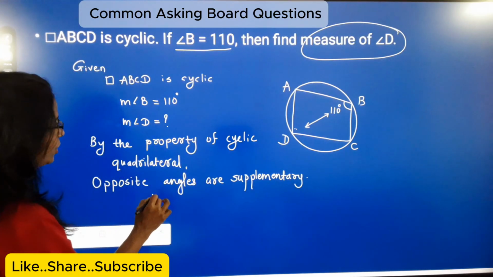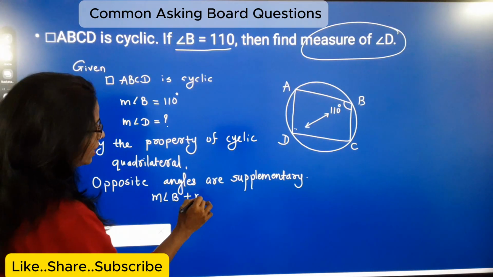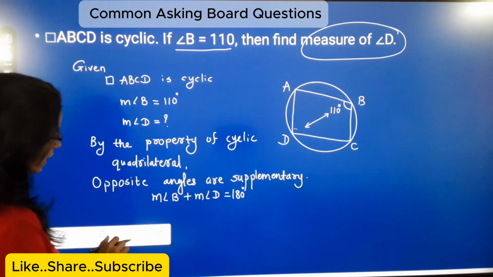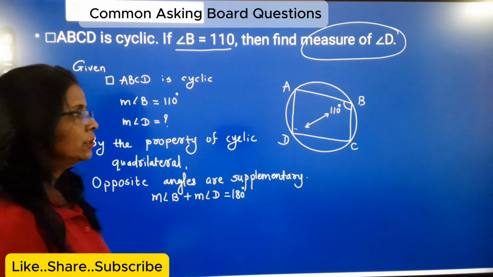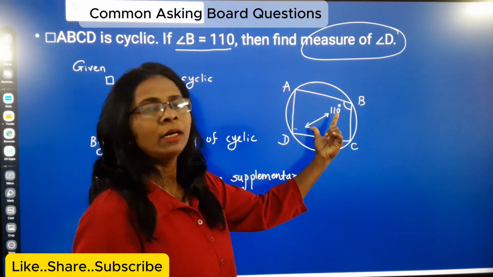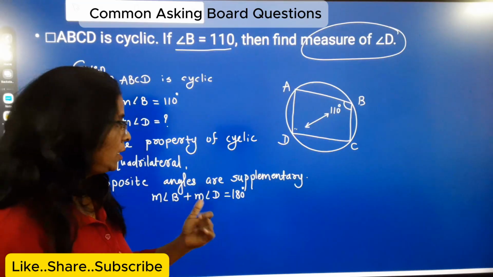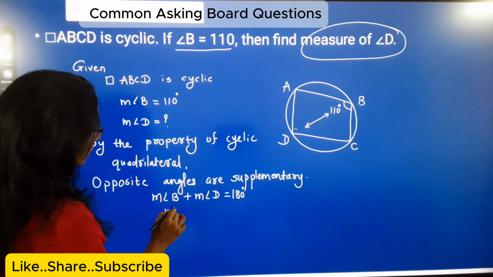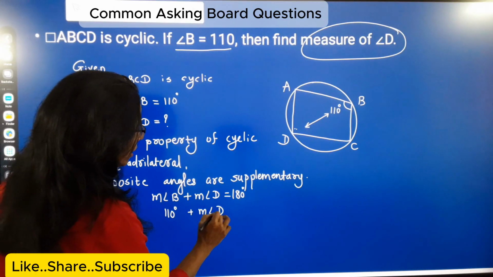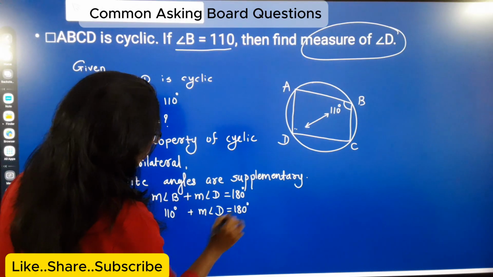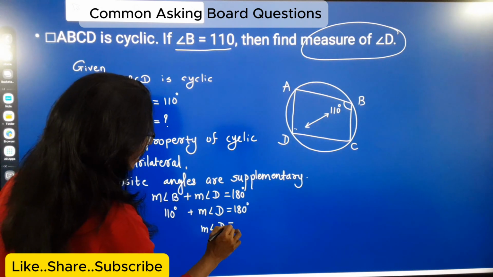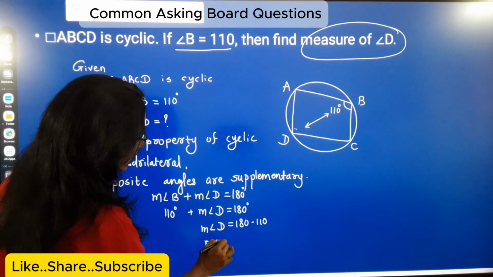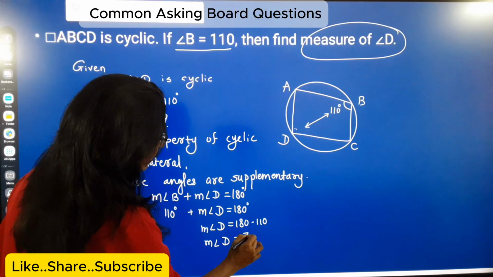That means measure of angle B plus measure of angle D is equal to 180 degree. Supplementary means their sum, the sum of the opposite angles is 180 degree. Now 110 plus measure of angle D is equal to 180 degree. So measure of angle D is equal to 180 minus 110, so measure of angle D is equal to 70 degree.